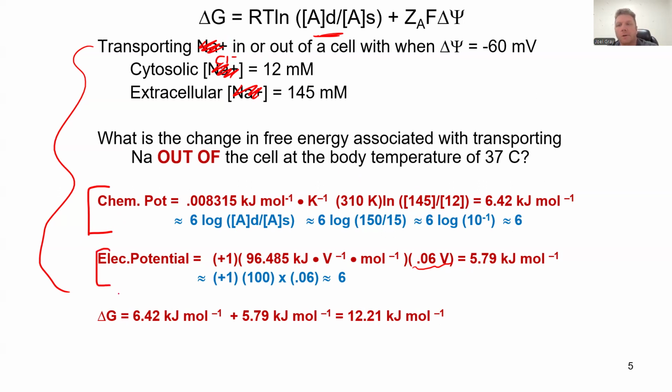The electrical potential, however, would be favorable because this would be a negative value. So that's going to make this a negative value. So when you see this sort of calculation or question, I strongly recommend that you break it down into two different parts, the chemical potential and the electrical potential. If you do that, you're going to be in good shape for these sorts of calculations.